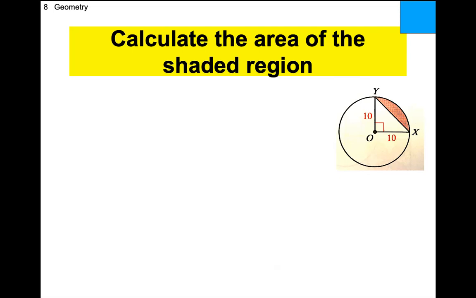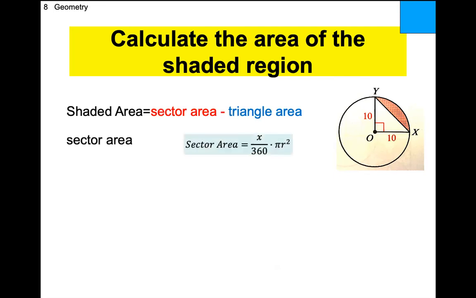Which one do you want to do first, area of the sector or the triangle? Okay, let's do area of the sector. What do we need? You need the arc measurement. What's the arc measurement? 90. And we need the radius. We got both of those. We're going to type in 10 for the r and 90 for the angle.